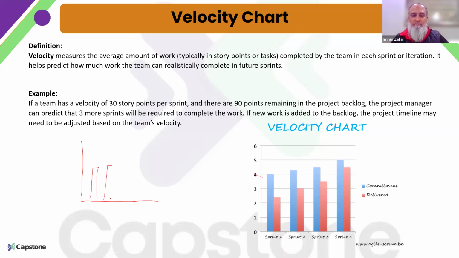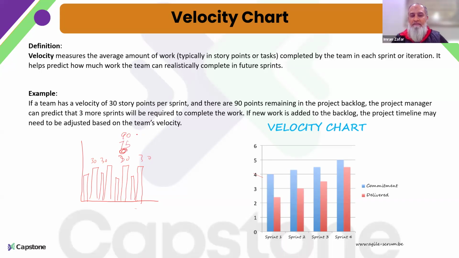So let's say you have this project where initially you planned it to complete in 4 iterations, and you had to complete, let's say, 30 user story points per iteration. But as your data is coming, you are able to complete only 25. So at this point of time, you see that 90 should have been completed, but you are at 75.